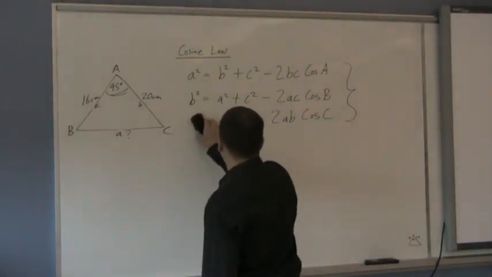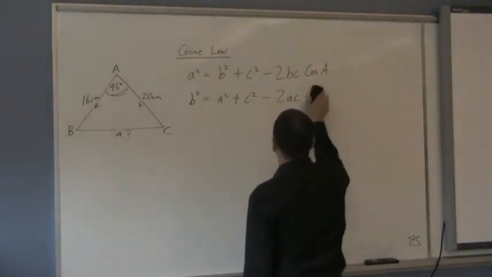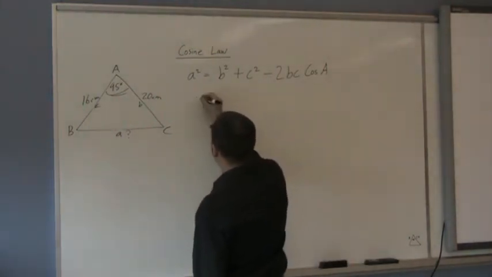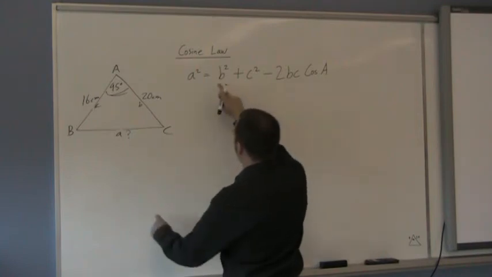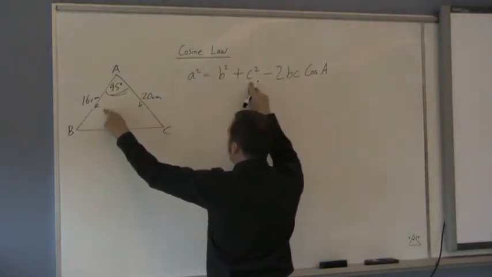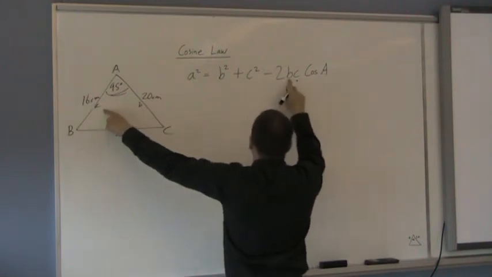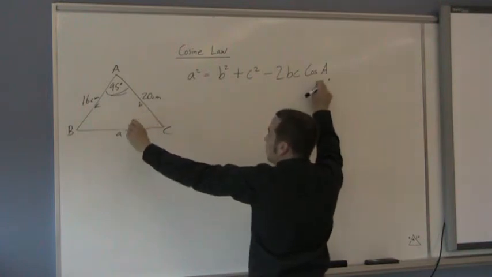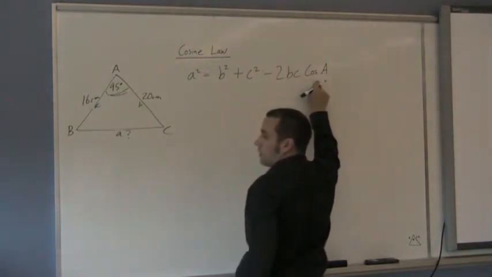So I can erase the other two. Put in what I have. So there's my formula. I've got side length B, it's 20. I've got side length C, it's 16. And again, that's 2 times B, which is 20, times C, which is 16, times the cos of my angle A, and my angle A is 95.